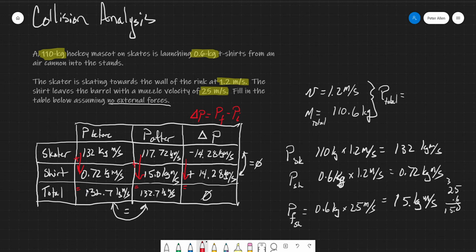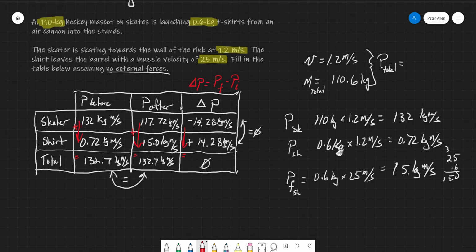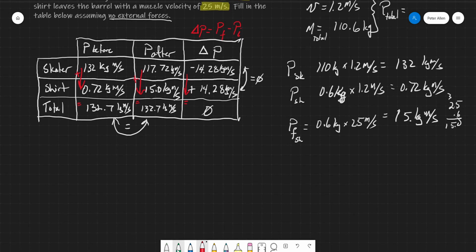And so there's one more question to this, and that would be what is the final velocity of the skater?